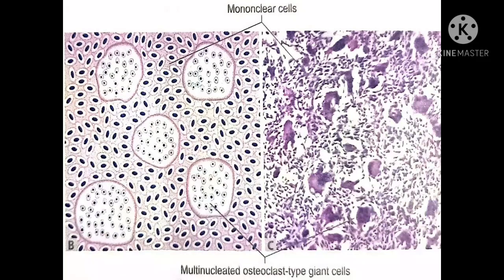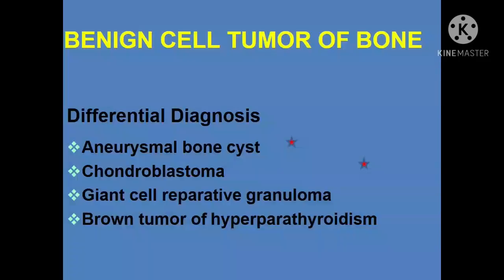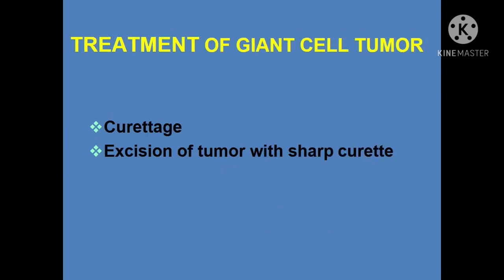Now, to conclude, what we have learned today about giant cell tumor of bone. Practical part of it is easy, just remember those two components. As I said, it is a 4 marks question for you in your theory. Try to put these headings and make notes now itself, so that it will be easy to read before the exam and to represent in the exam to get good marks.